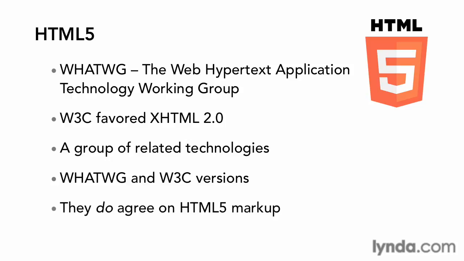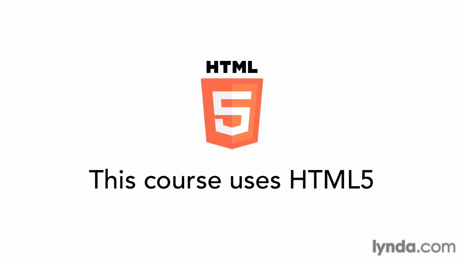But they do agree on the HTML markup, and that's the part of the specification that we're concerned with in this course. This course covers HTML5. In particular, this course is about the HTML markup part of HTML5. This is the part of the specification that the WHATWG and W3C agree on, and it is supported by the latest versions of all the major browsers on both desktops and mobile devices.